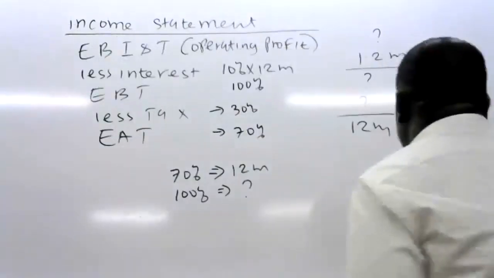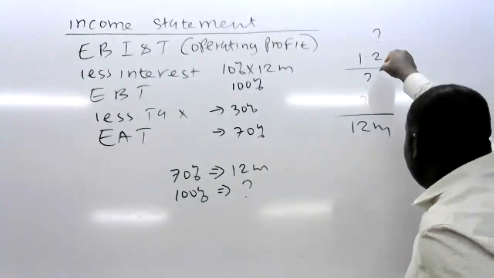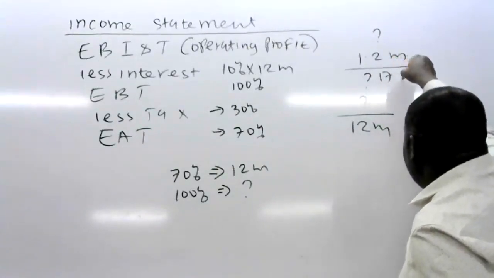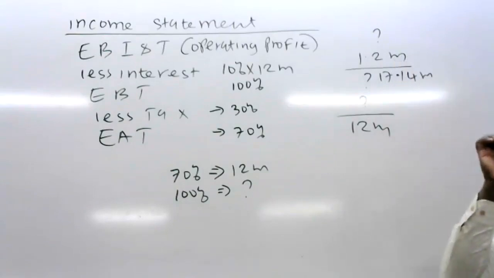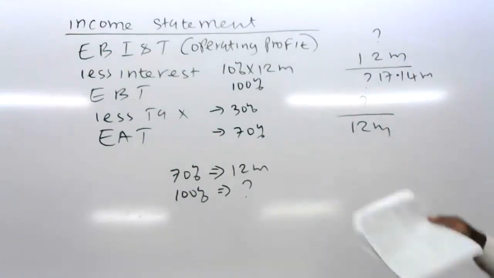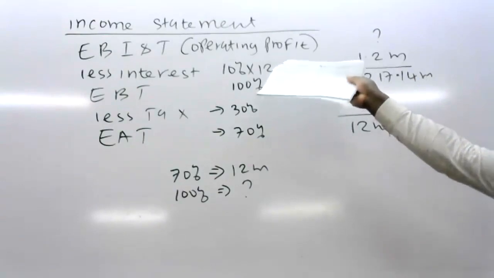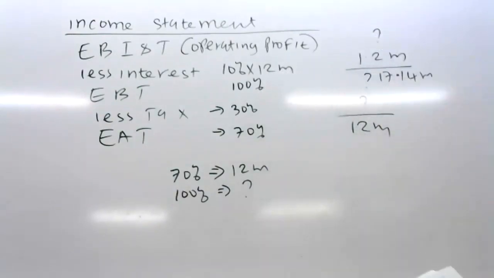17.14 million. My interest was to get the earnings before interest and tax.